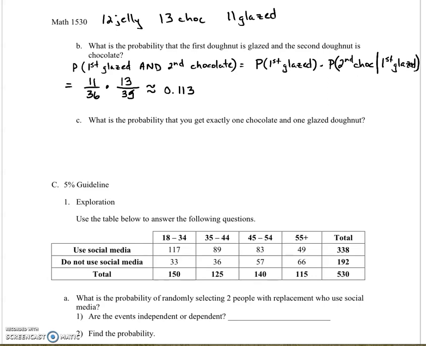So what is the probability we get exactly one chocolate and one glazed donut? The word exactly here means we have two options. If we pick two donuts and we want one chocolate and one glazed, we could either pick chocolate first and glazed second, or glazed first and chocolate second.